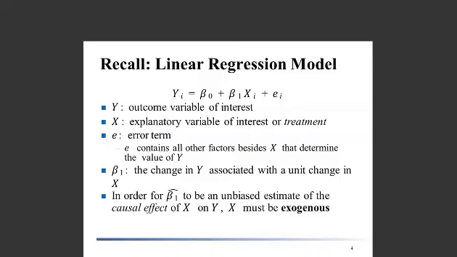And in order for beta 1 hat to be an unbiased estimate of the causal effect of X on Y, X must be exogenous.